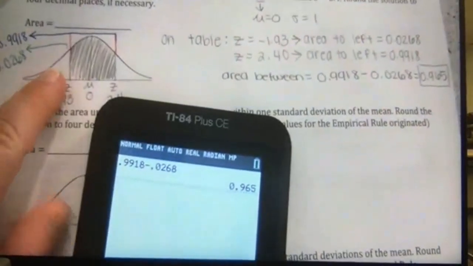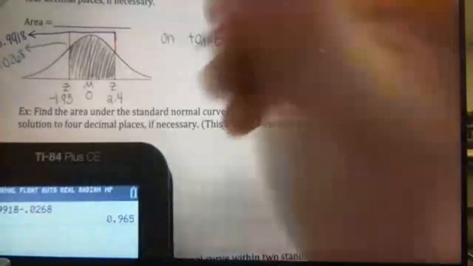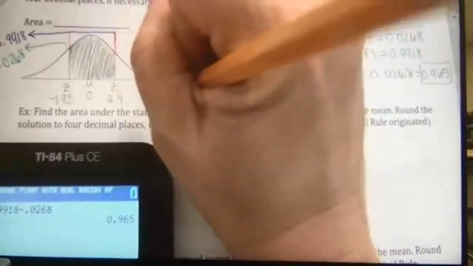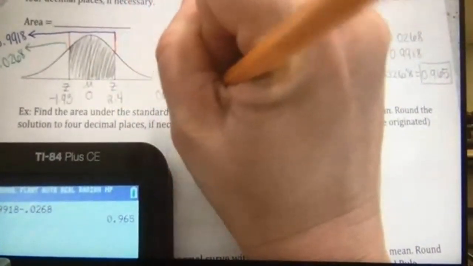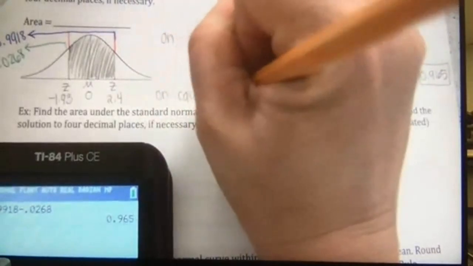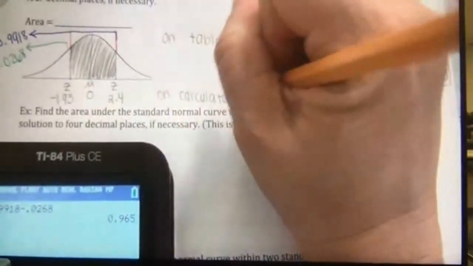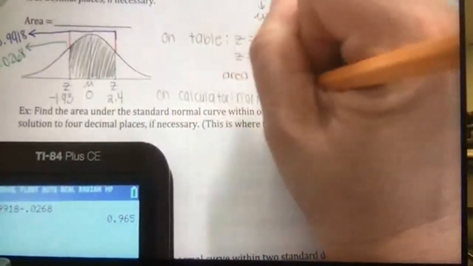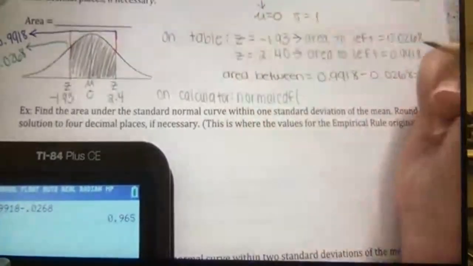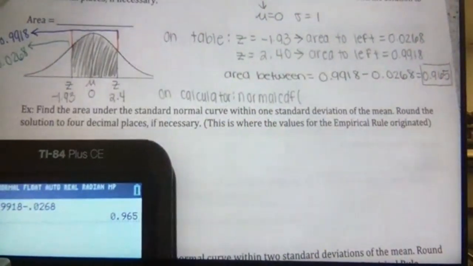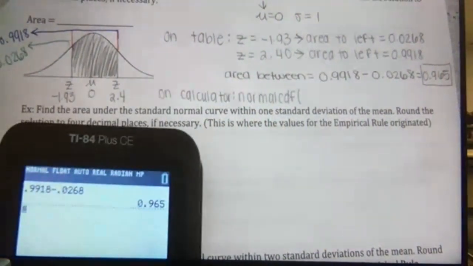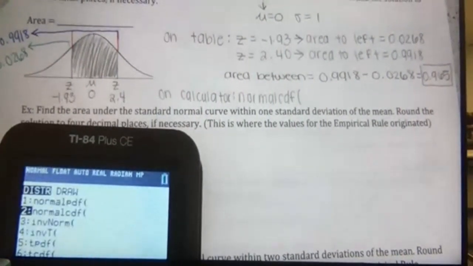So that's using our table. Using our calculator, nothing's new. We still have our normal CDF.